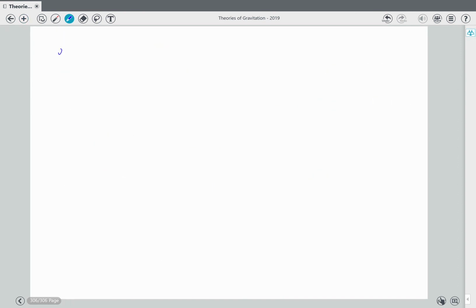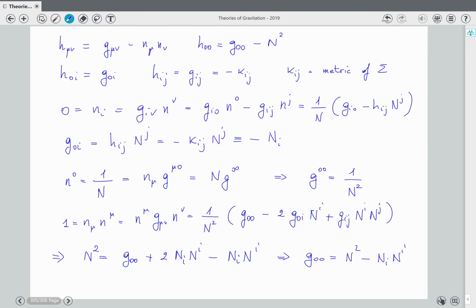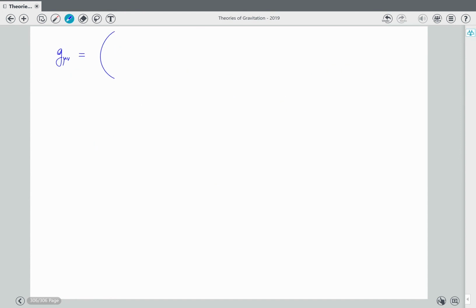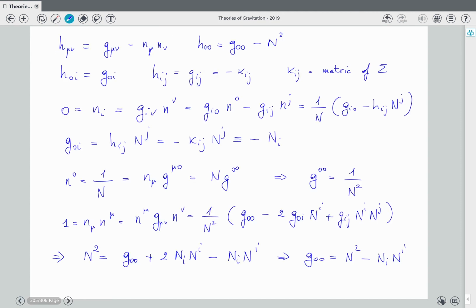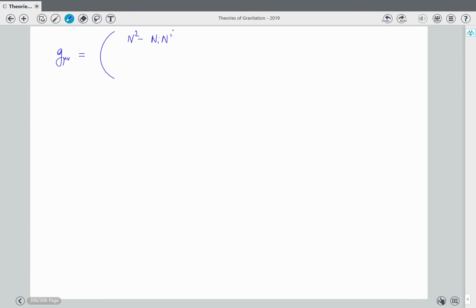So g_{μν} is what? g_{00} is this thing. g_{0i} is that thing. And g_{ij} is the metric.